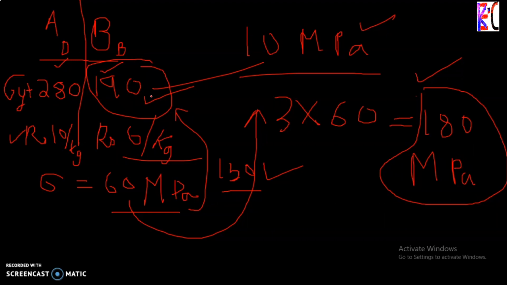Now, let us go for a situation where an extension of material is mandatory due to force applied. At that time, I have to consider the ductile material because I need elasticity.